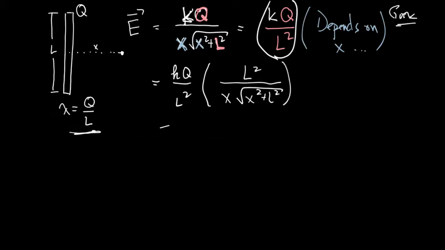All I've done is insert an L squared over L squared and pull these terms out. I can now group these terms. I can factor out an L squared from the square root and use that to cancel one of these L squareds, and I should get the square root of x over L squared plus 1.